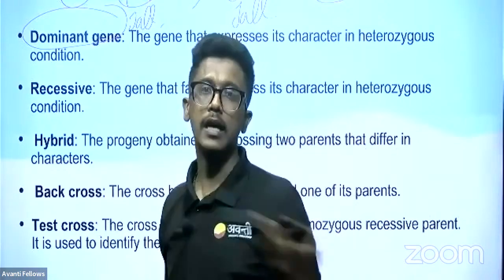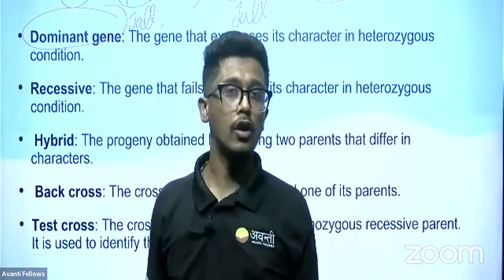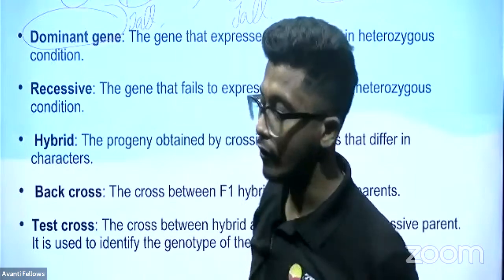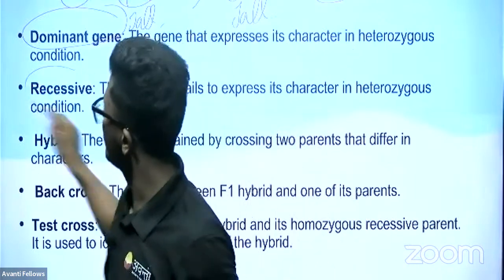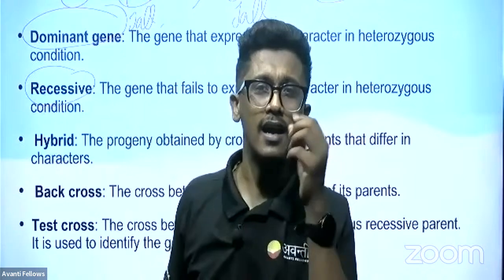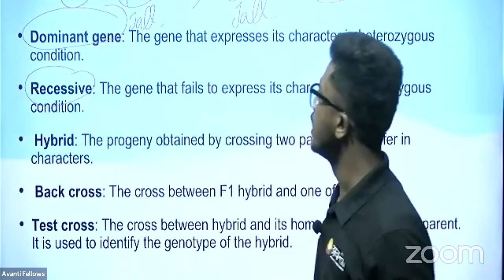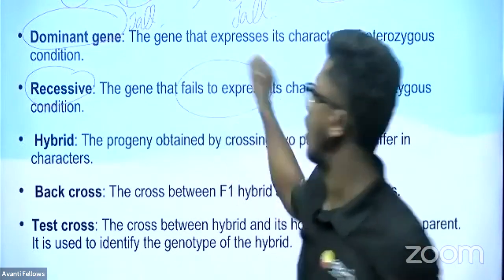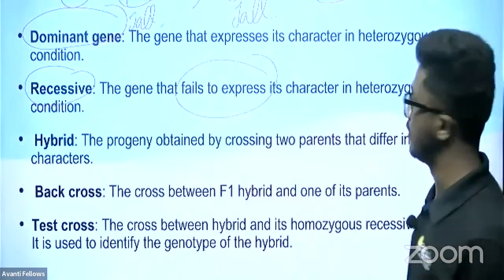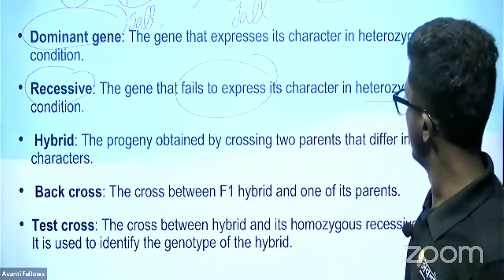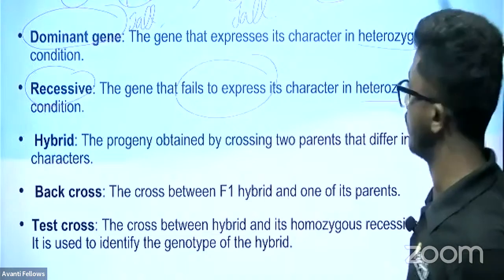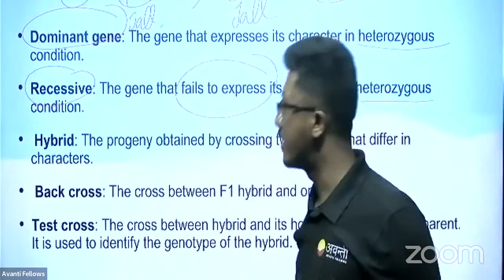You won't even know whether the other allele exists or not. This is called a condition of dominant. So what is a recessive allele? Opposite. In a heterozygous condition, the allele which does not express at all is called a recessive allele. Only in heterozygous conditions can we understand this.